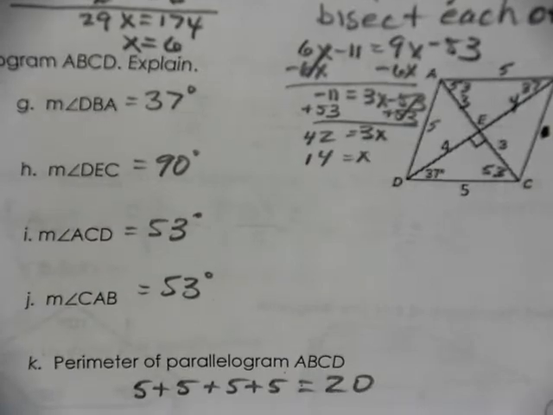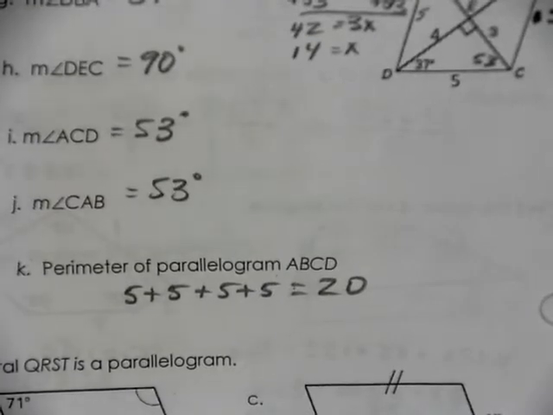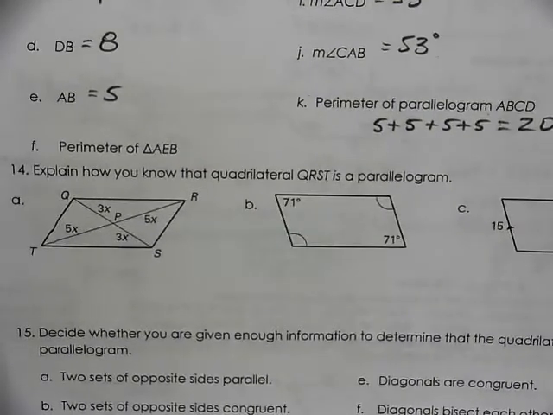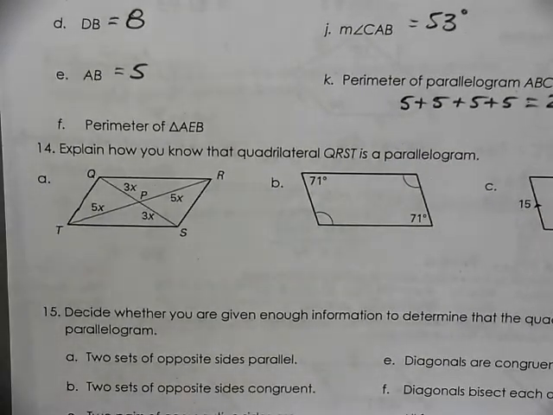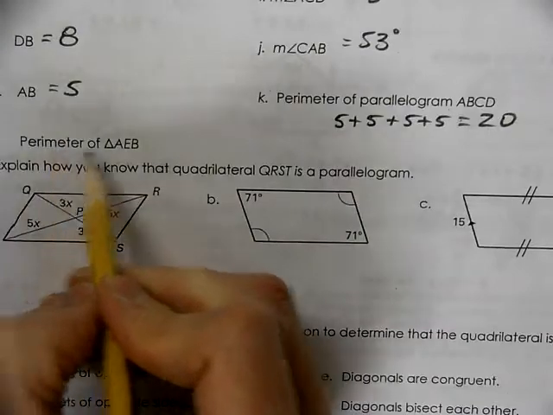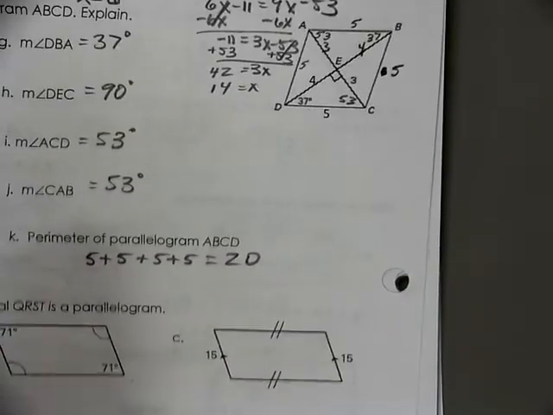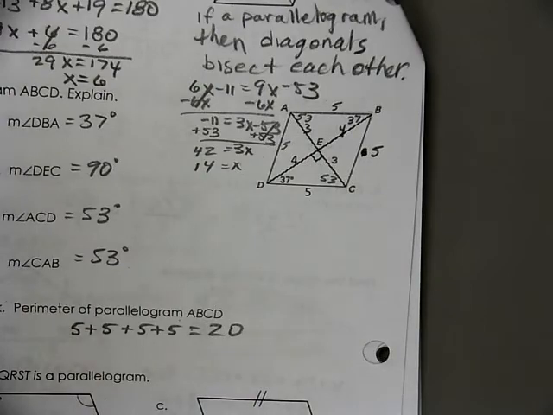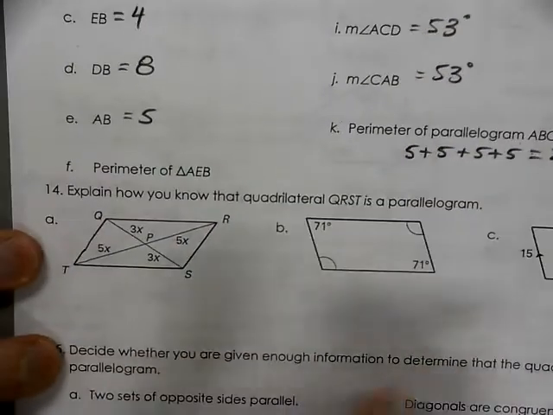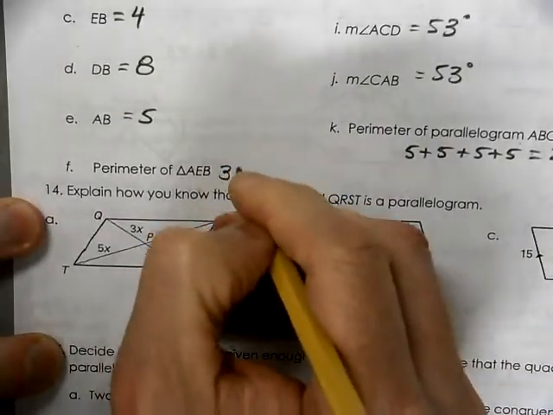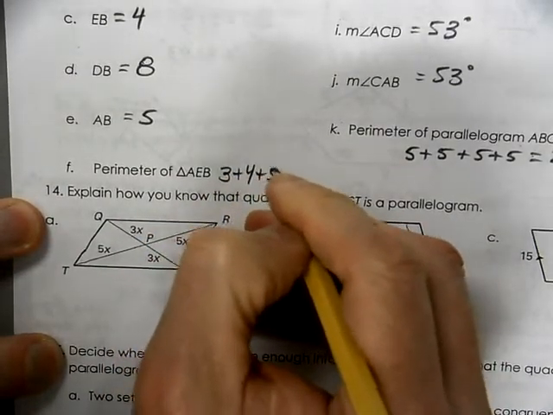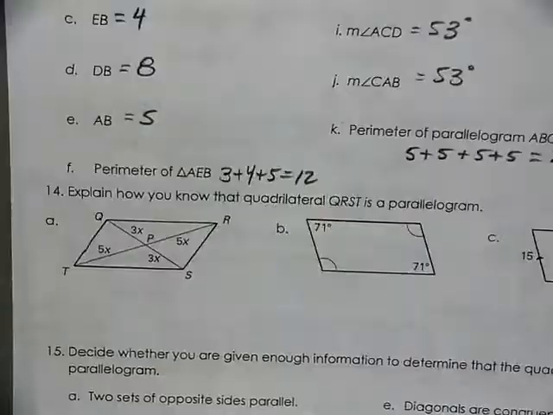So we have a perimeter of 20. Oh, one more. What's the perimeter of triangle AEB? So that's 3 plus 4 plus 5. That's 12.